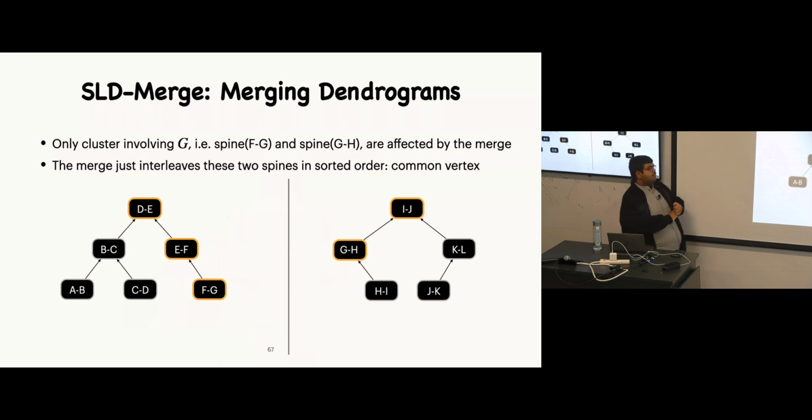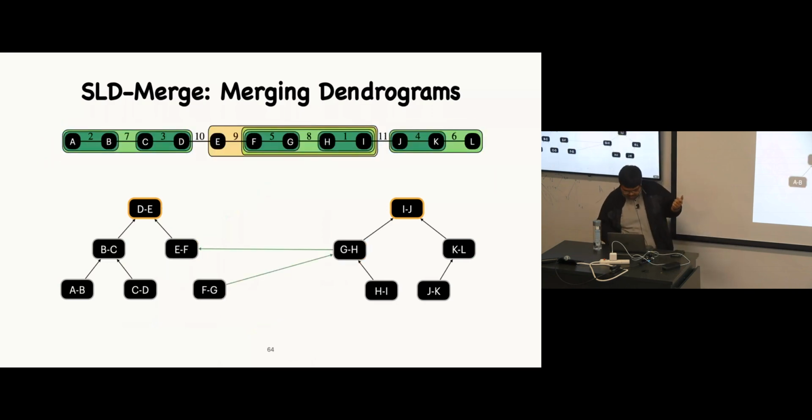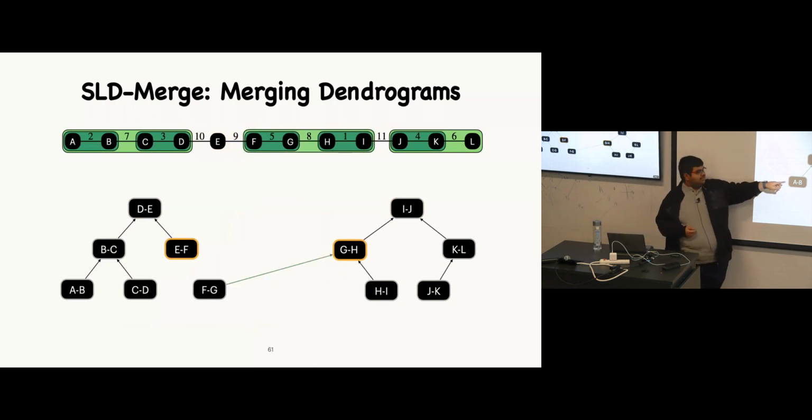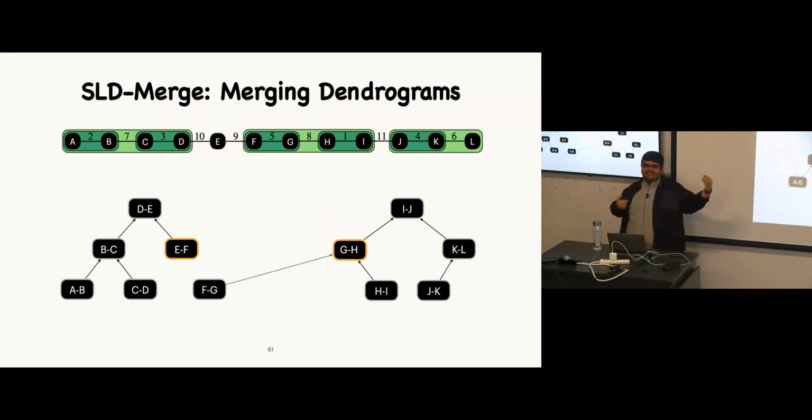Cool. So one more thing, maybe I try to give an intuition here. When we redo this clustering and look at these two spines, or these node to root paths, when we're recomputing the pointers, it turns out that they have to appear in some sequential order. And why is that the case?